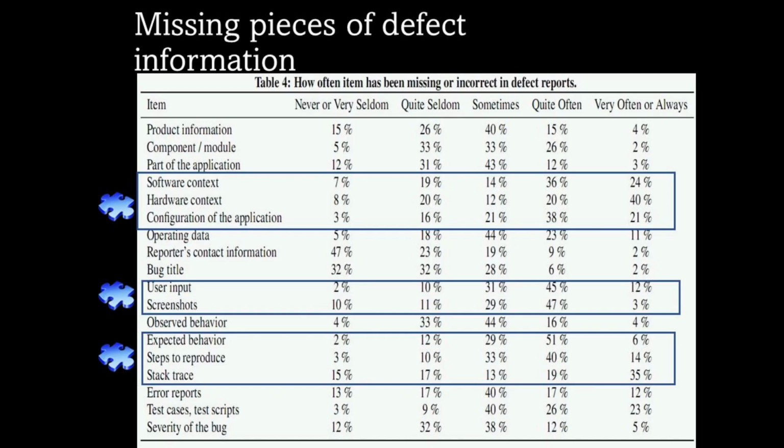Software context and hardware context are also problematic, with over half of respondents indicating quite frequent inaccuracies or missing data. 3. User input and screenshots behavior are commonly incomplete, with 57% and 50% of respondents respectively stating these issues arise quite often or very often. 4. Even steps to reproduce, widely considered essential, are reported as quite often missing or incorrect by 54% of respondents.